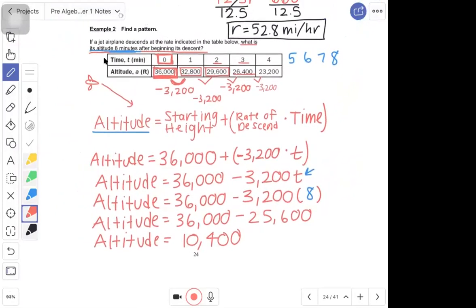So 10,400 what? Feet. Feet, right. That's what we're working with. And that's it. That's our altitude after 8 minutes. So after 8 minutes, we are at an altitude of 10,400 feet.